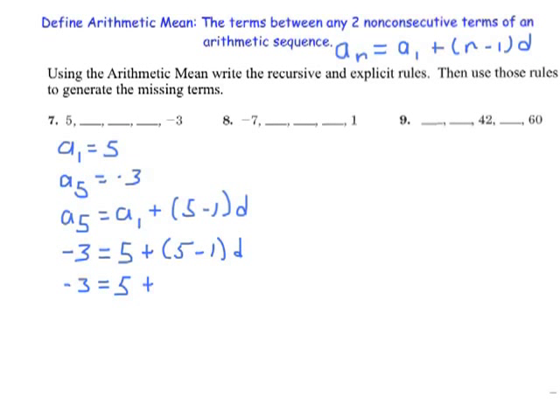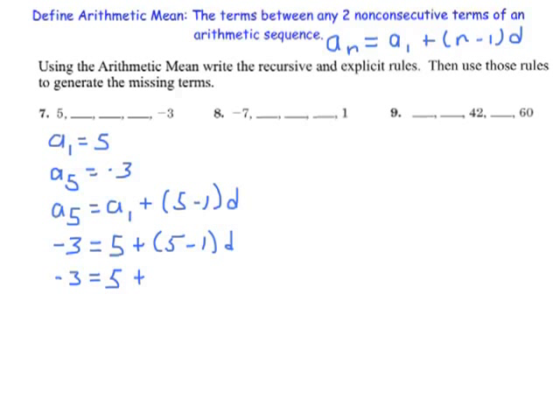Now I'm going to subtract 5 from both sides, and in doing so, that gives me -8 is equal to 4d. Now, how do I get the d by itself? If you said divide by 4, you are correct. So I'm going to divide by 4 on both sides, and that gives me d is equal to -2. So what is my common difference? It's -2.